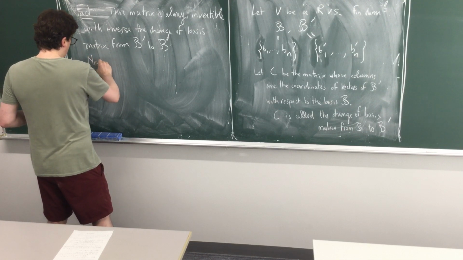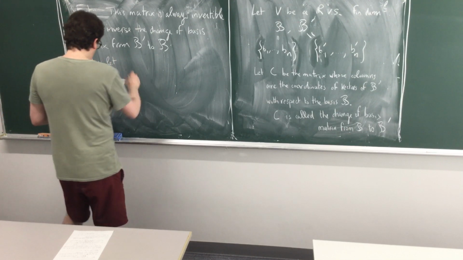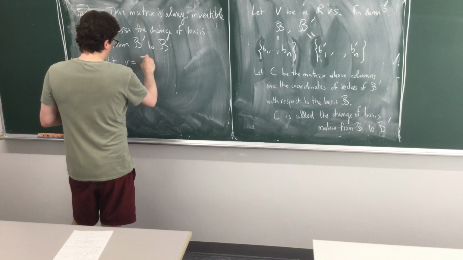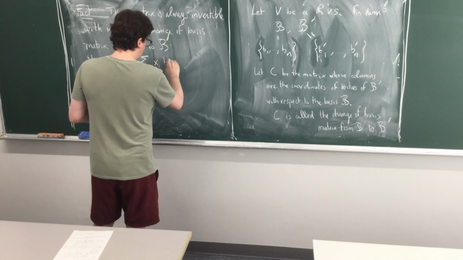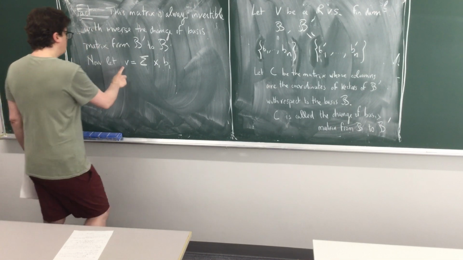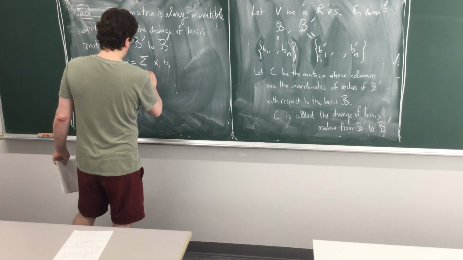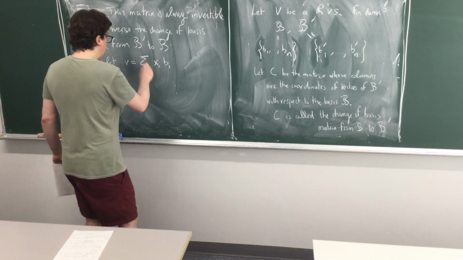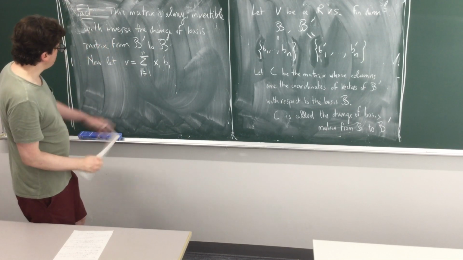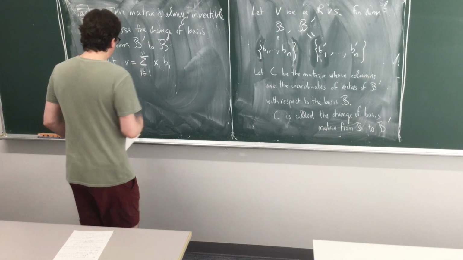Now, if you start from a vector written with the coordinates with respect to the basis B, you know that v will be a finite sum. Here the dimension will be n, so you will have a summation for i equal 1 to n of x_i b_i.